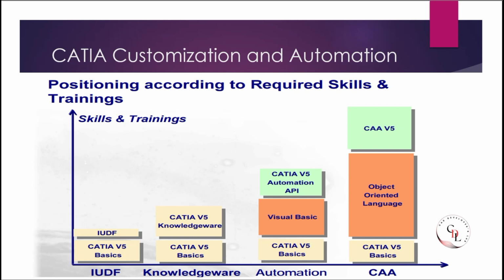And for CAA, he should know CAA V5, C++ with COM concept, and C++ object oriented programming. If some user wants to customize CATIA with the help of Java, then the developer should know Java language and basic CATIA.